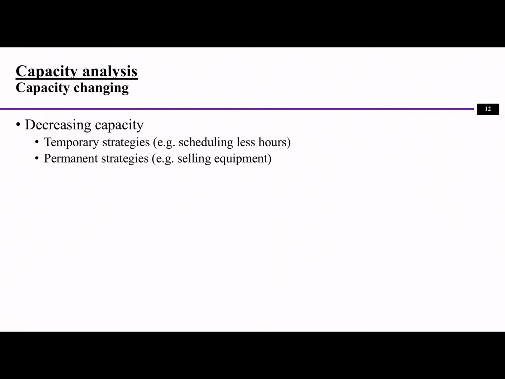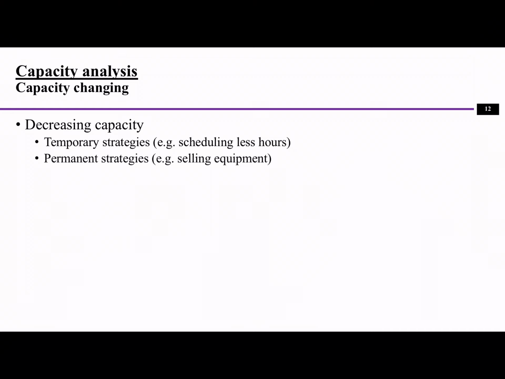If there are really permanent changes, then we have to sell our equipment. Or we can find some other market opportunity, for example, making our resources available to make some other models. Now we can go back to the flexibility concept: make our production line more flexible, so we can make different models or different kinds of products.